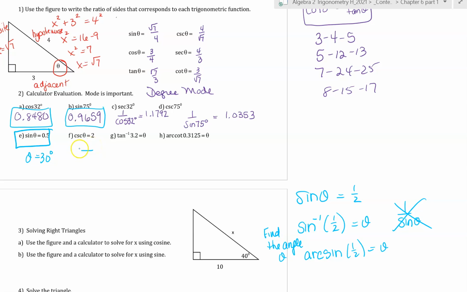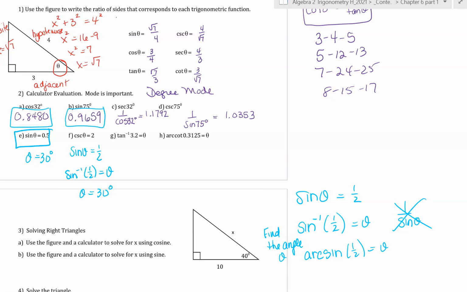Notice that if the cosecant of theta is 2, the sine of theta is 1/2, because the cosecant of theta is 1 over the sine of theta. Okay, so now we know that the inverse sine of 1/2 would give us theta, which we already did in part E, so we know that that angle is 30 degrees.